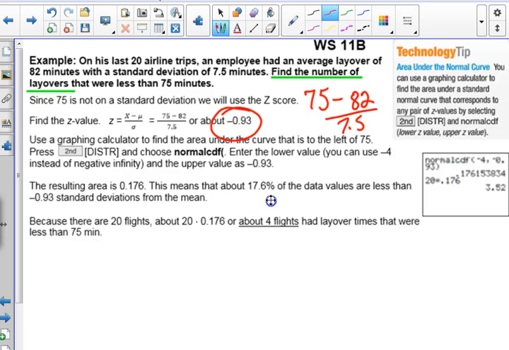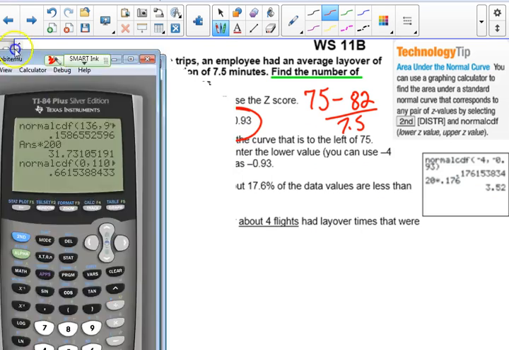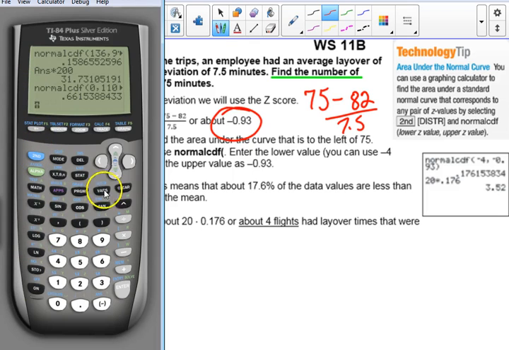Now, if we want to know the probability that he has less than that z-score, you can go down here, what's the limit, guys? You'd have to do negative 4 z-scores to negative 0.93. Yeah, I'm thinking we should have just used 75 to 82 because this is just going to confuse somebody.